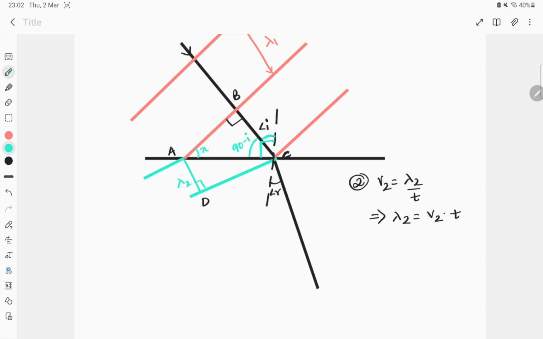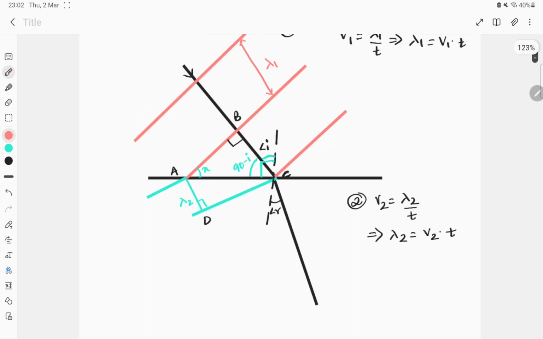Let angle A be X. So if I sum up all the angles of triangle ABC, which is X, plus angle B, which is 90, plus angle C, which is 90 minus i, all of them will be equal to 180 degrees. When you solve this, you get angle X as the angle of incidence. I'll just make a note of it. So X becomes angle i. I'll erase the remaining part because it's not required.